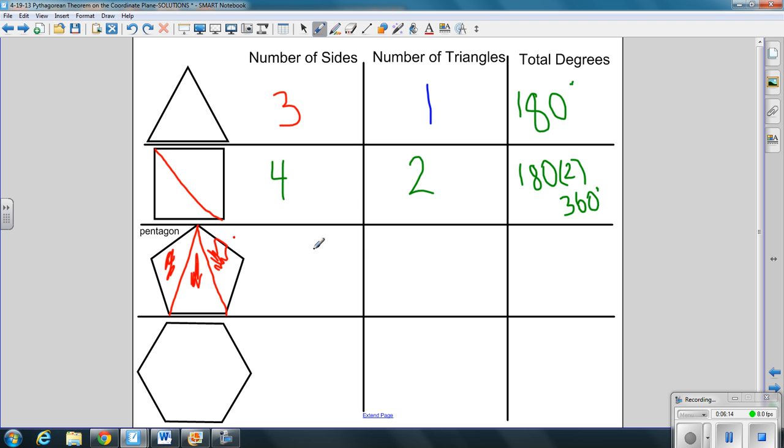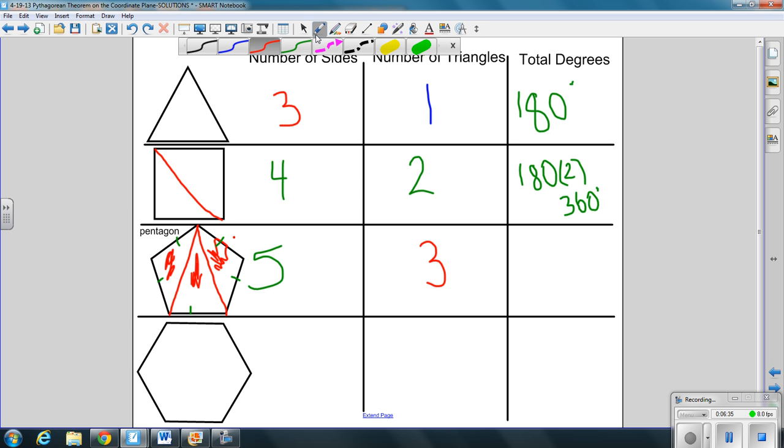So a pentagon is a shape that has how many sides to it? 1, 2, 3, 4, 5. So a pentagon is a 5-sided shape. And how many triangles were we able to produce on a 5-sided shape? 3.